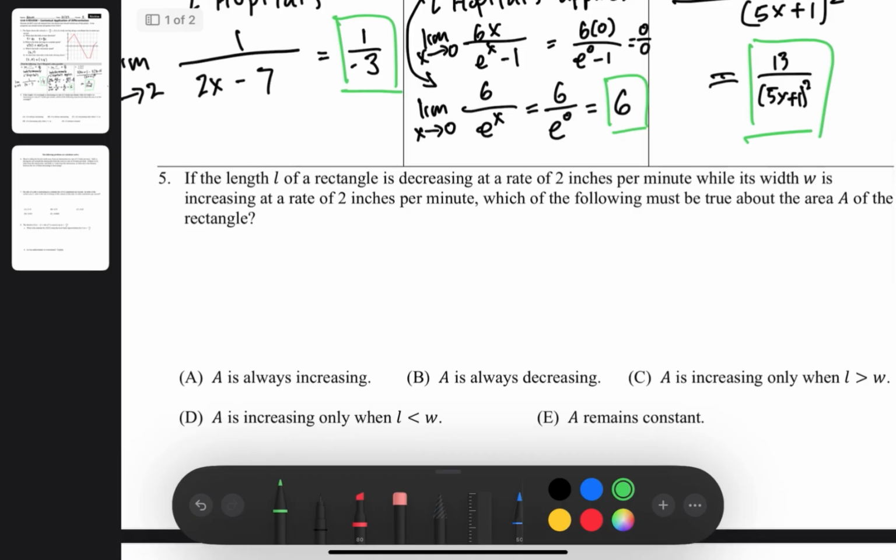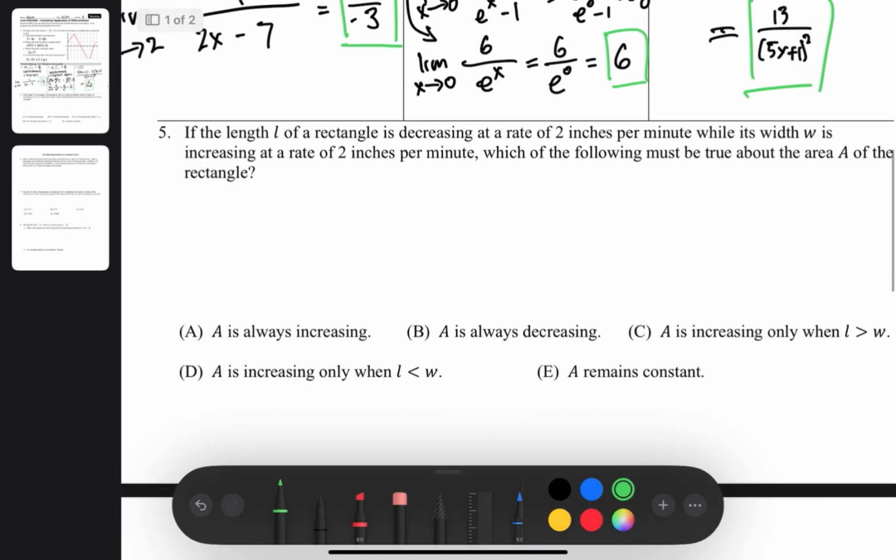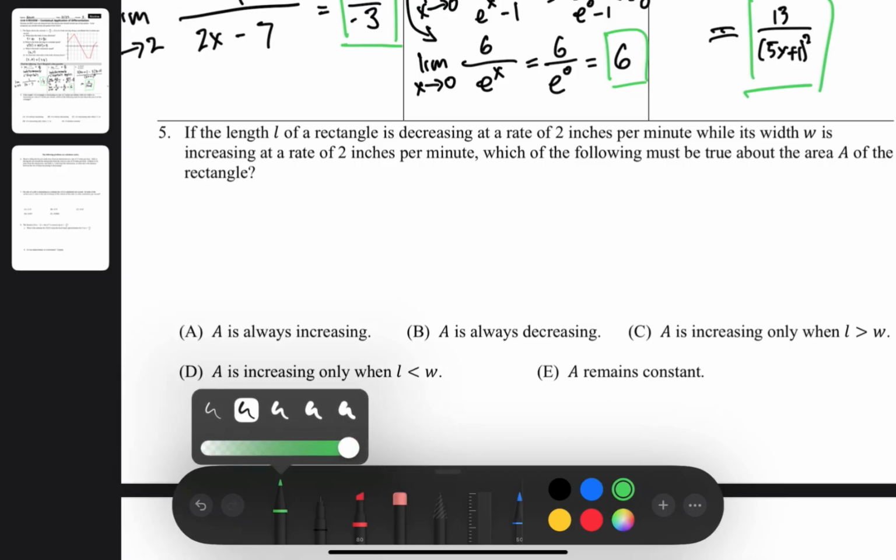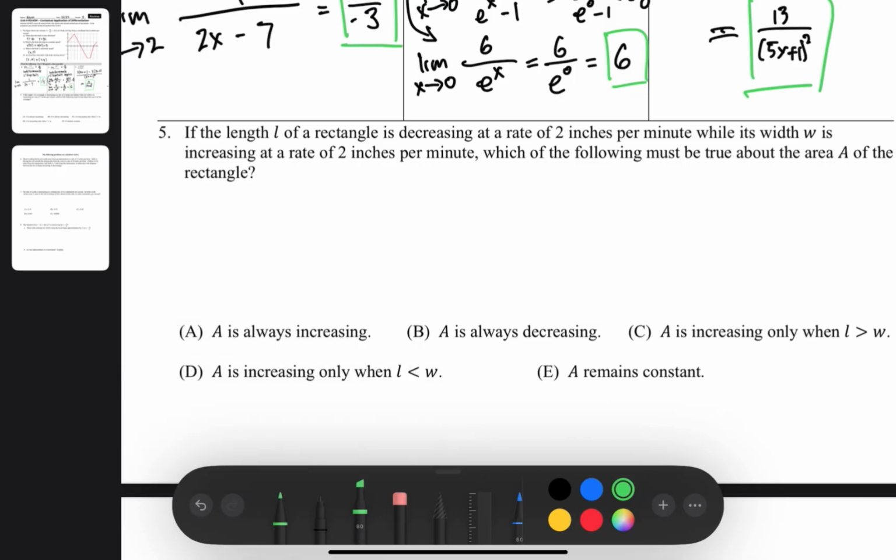Okay, if the length L of a rectangle is decreasing at a rate of 2 inches per minute while its width is increasing at a rate of 2 inches per minute, which of the following must be true about the area of the rectangle? Okay, so what do we know? We know that the length is decreasing at 2 inches per minute.